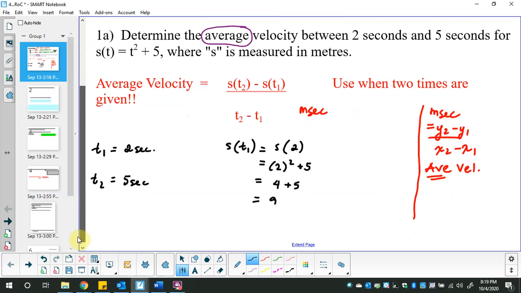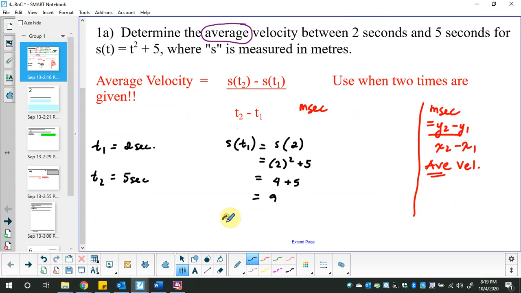And then I have to do the same thing to find s at t2, which is s at 5. Because remember, you put t1 in to find that, you put t2 in to find that.